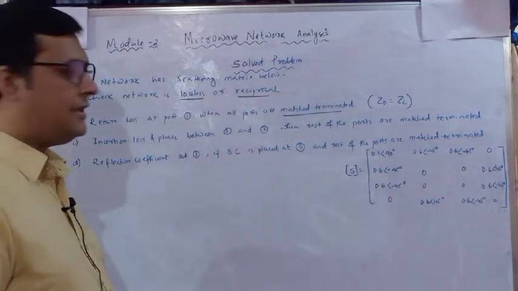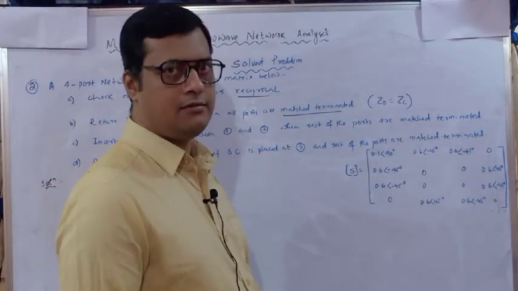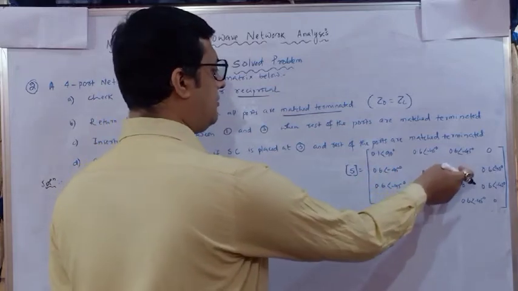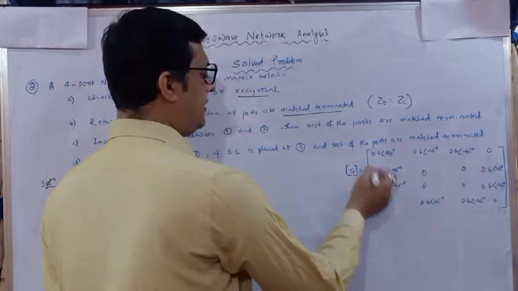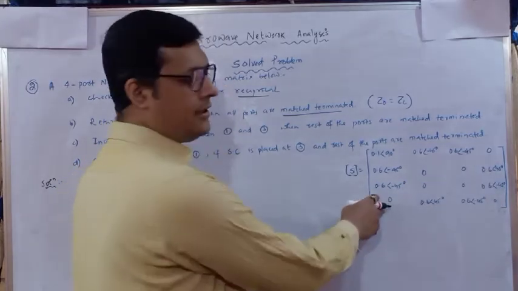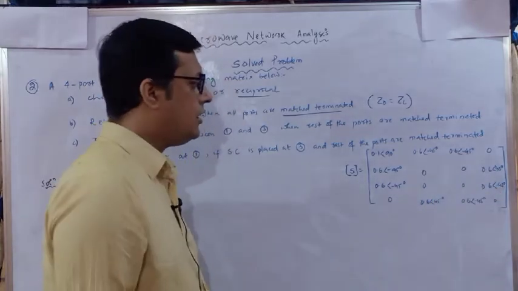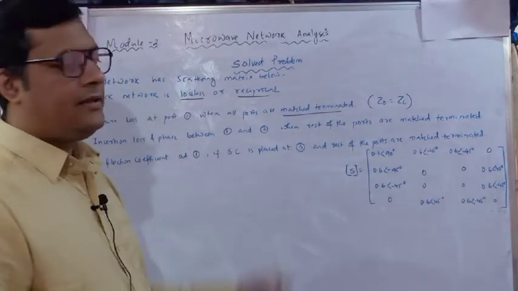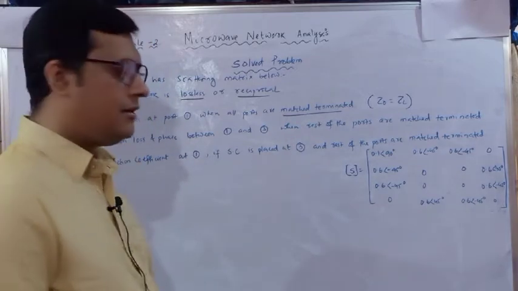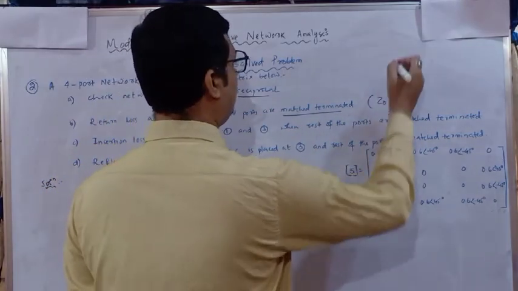These are all the S parameters: S11, S12, S13, S14, then S21, S22, S23, S24, then S31, S32, S33, S34, and here S41, S42, S43 and S44. Depending upon these scattering parameters we have to judge whether this device is a lossless network or a reciprocal network.